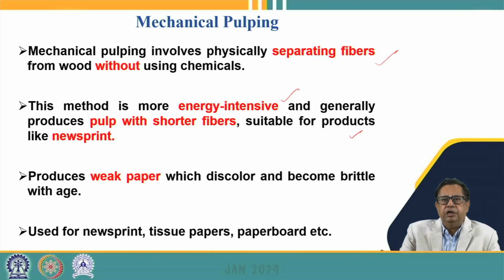We have already seen that these shorter fibers may be weak because they are not long and may not provide enough strength to the paper. The paper produced from mechanical pulping may be weak paper which can discolor very fast and become brittle with age. That's why the paper produced from mechanical pulping is generally used for newsprint, tissue papers, and paperboard.